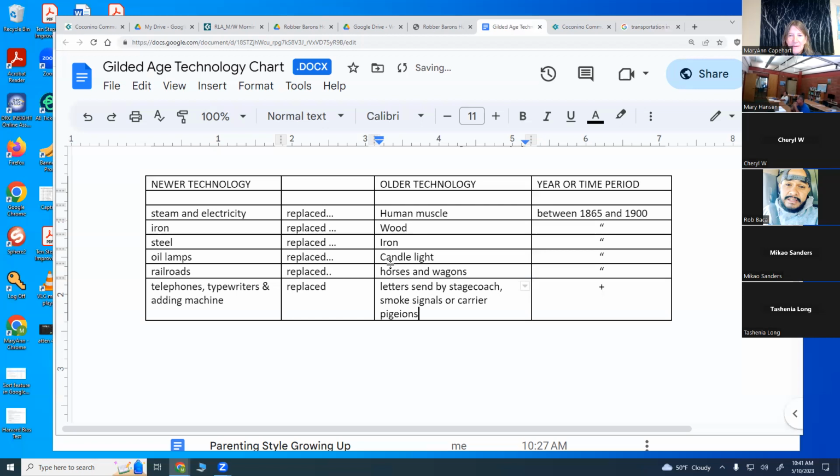There were trains too, right? Not yet, later. But yeah, during this period we developed the train. Smoke signals were a real thing, right?